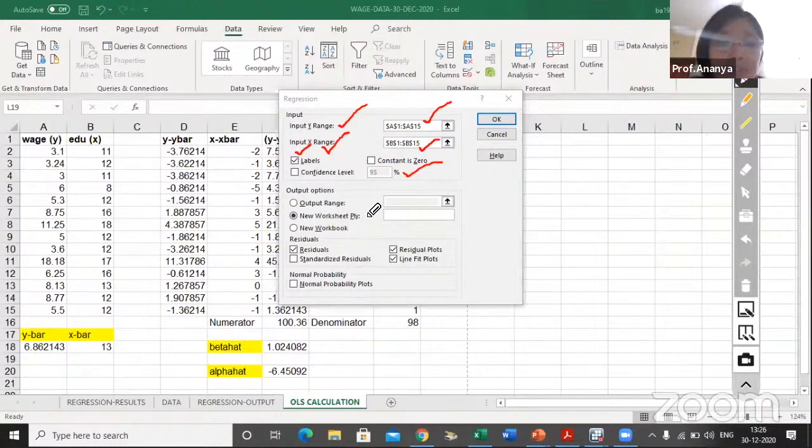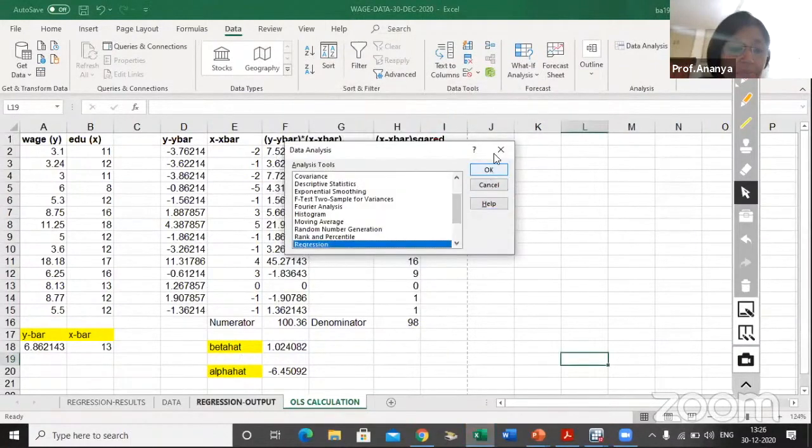The output will be shown in a new worksheet. Ask for residuals, ask for residual plots, and here's your scatter. You can ask for your line fit plot also. Once you do okay for all of this, it's going to give you the results, and the results will look exactly like this.